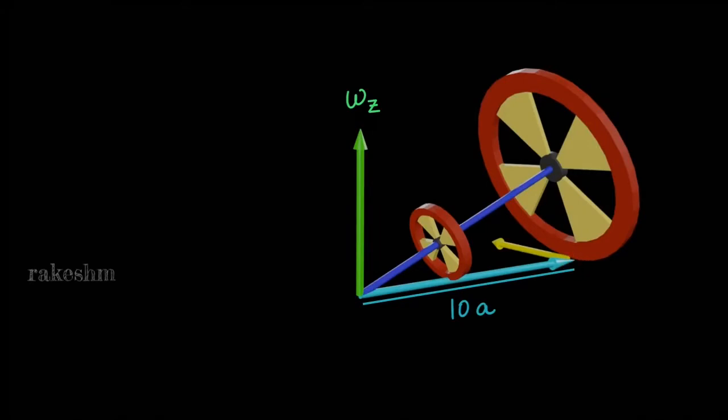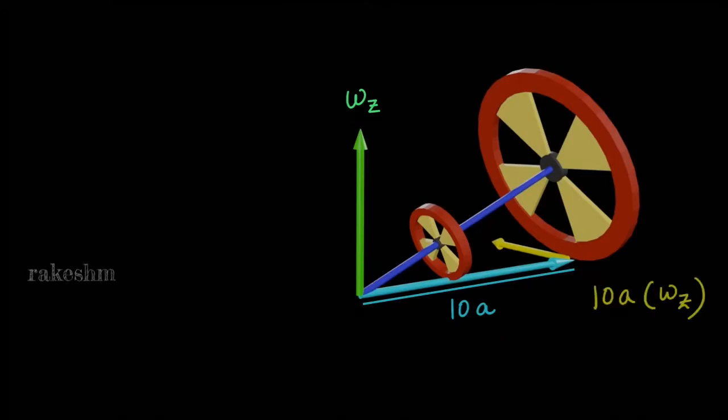It is given in the question that this length is 2L, so this is L and this is L. One more thing given is L equals root 24 a, so this whole length is 2 root 24 a, and this is 2a. As this is a right angle triangle, we can calculate the distance from here to the point in contact as 10a.